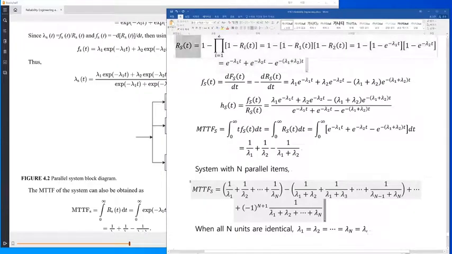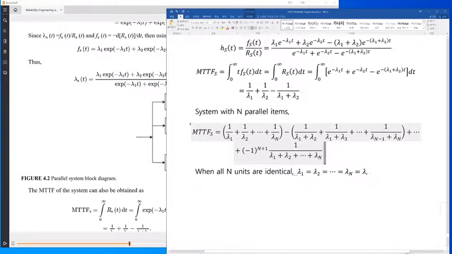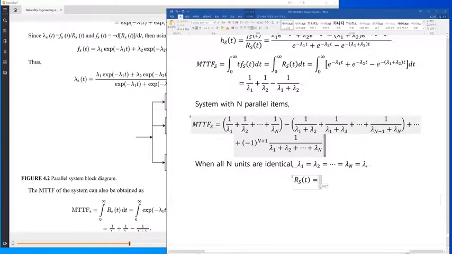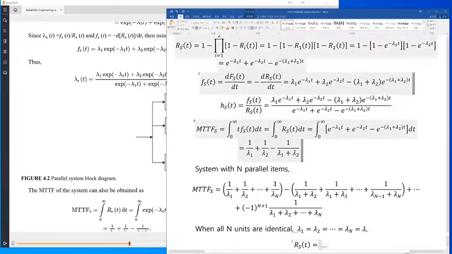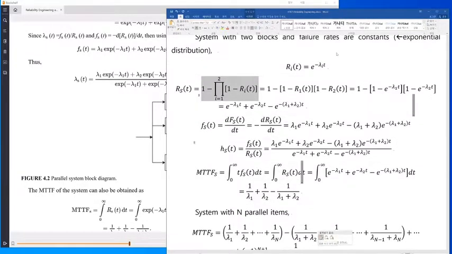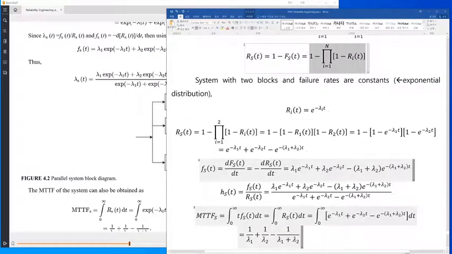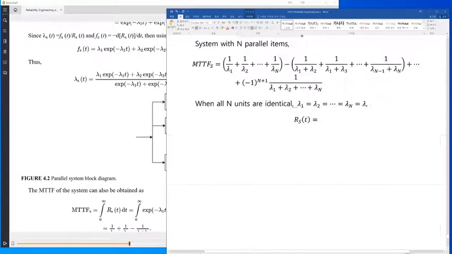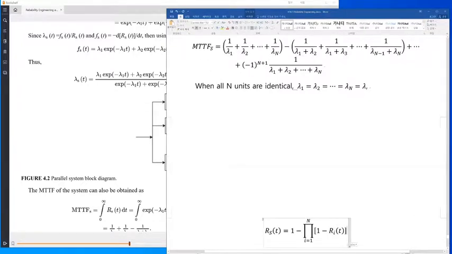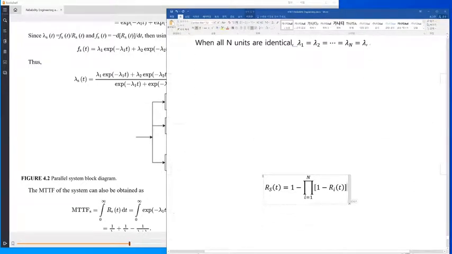So if this is the case, then let's first talk about the reliability of the system. Let's use this relation. So reliability of the system for parallel configuration is given like this.